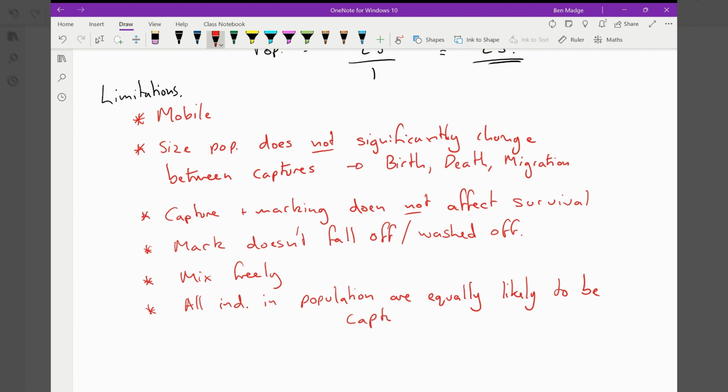So you don't have, for example, males only coming out in the day and females coming out at night, and then you for some reason do your second capture at a different time of the day, because it's going to completely throw your results off. So that is Lincoln's index and its limitations.